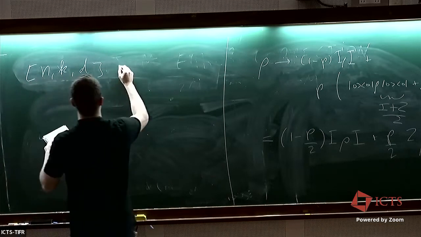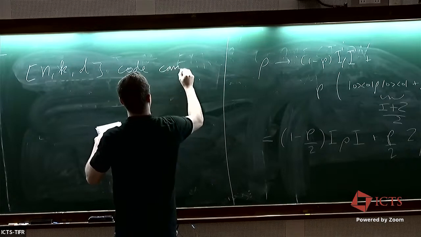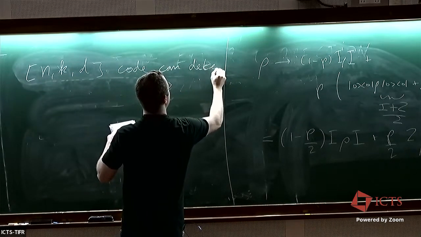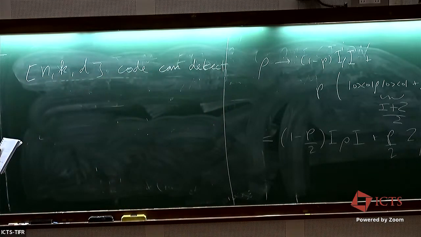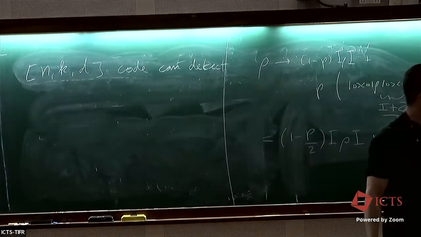So it's any classical code that can detect how many errors? What is the Hamming weight of the number of errors that can be detected? How many errors can you detect when you have this kind of code?